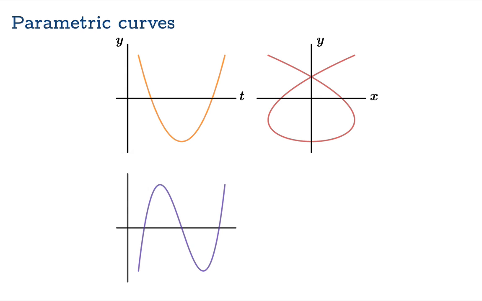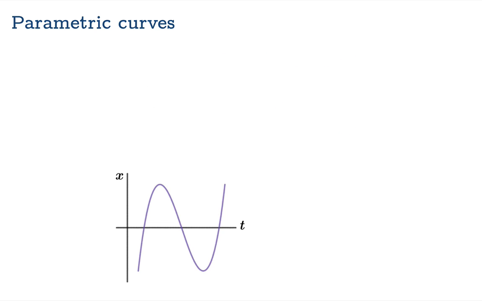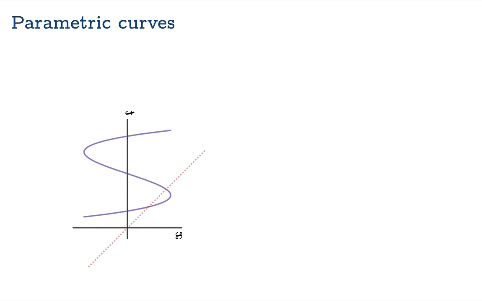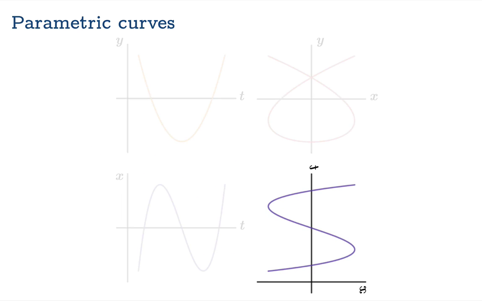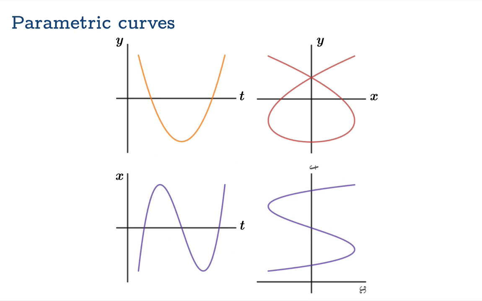And we'd also like to plot the x coordinate as a function of time. But it's going to be convenient, for reasons that should become clear in a moment, to graph this slightly differently. So we're going to reverse the role of the horizontal and vertical axes here. And we're going to use the vertical axis to plot the independent variable t and the horizontal axis to plot the output variable x. And we're going to place this here under our parametric curve.